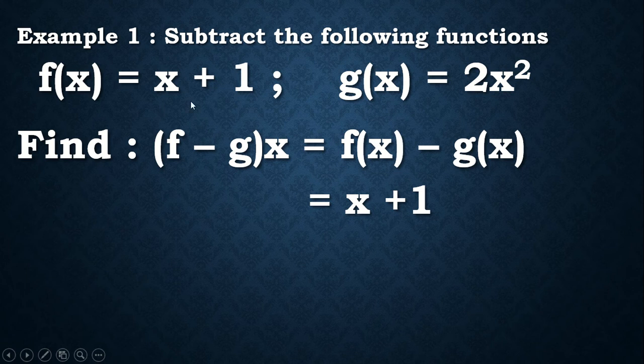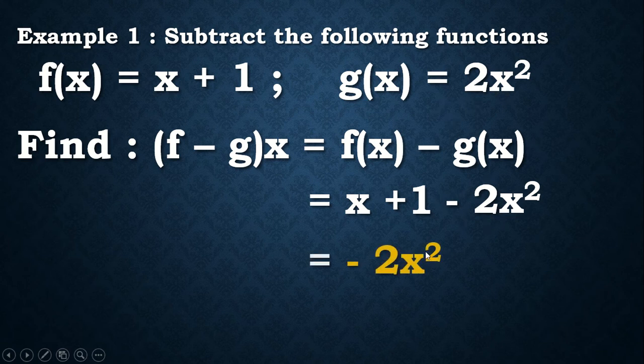Copy the f(x), x plus 1, and then write the operation subtraction, which is negative or minus, and copy the g(x), that is 2x squared. We do not have like terms, that's why you have to write it in descending order, from highest exponent to lowest exponent. This is definitely the exponent of 1. So our answer is negative 2x squared plus x plus 1.